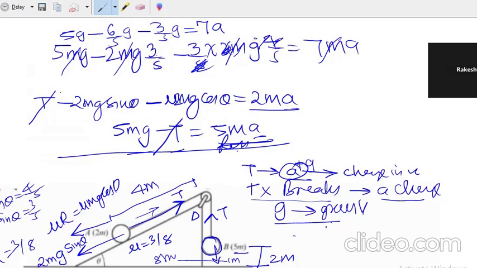And that's how you get a. I'll have to find the LCM of all this. So this is 25g minus 6g minus 3g over 5. That's 25 minus 9, 16g by 5 into 7. So a is 16g by 35. Can you check the answer?